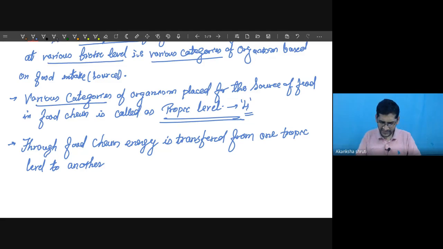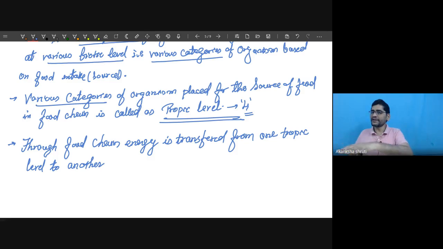In this case, we will observe that there is some category of organism which is producing the food, another that is consuming the food, and another organism consuming the organism which has consumed the food produced by the producer.